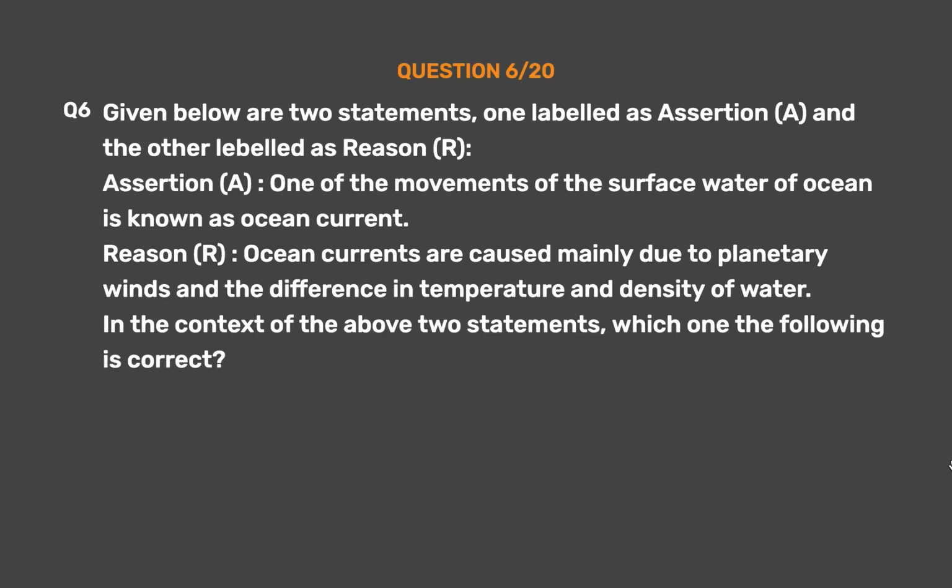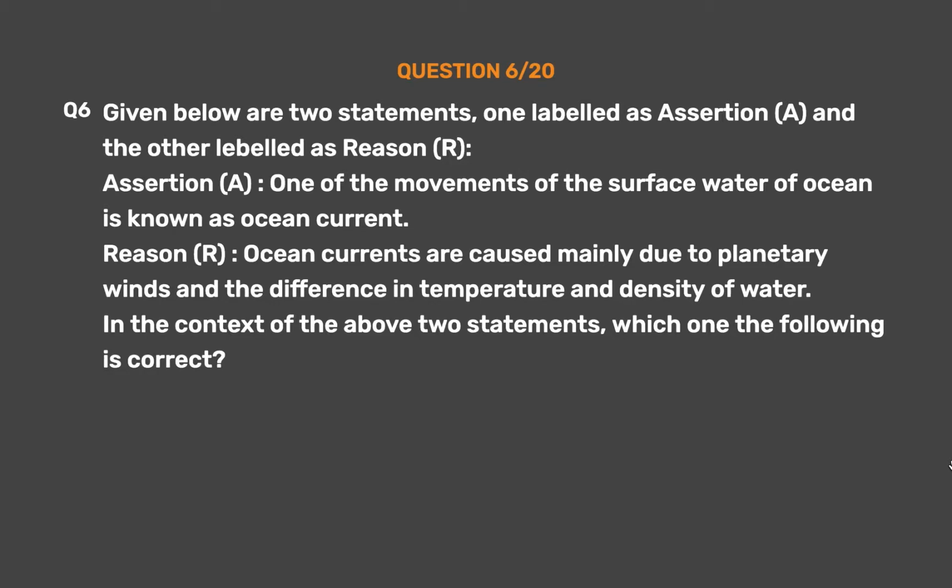Question number 6. Given below are 2 statements, one labeled as assertion, A, and the other labeled as reason, R. Assertion, A. One of the movements of the surface water of ocean is known as ocean current. Reason, R. Ocean currents are caused mainly due to planetary winds and the difference in temperature and density of water.